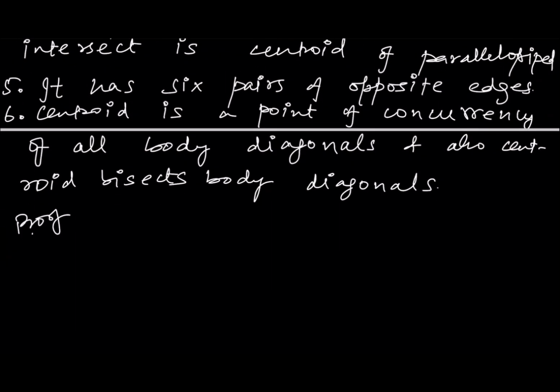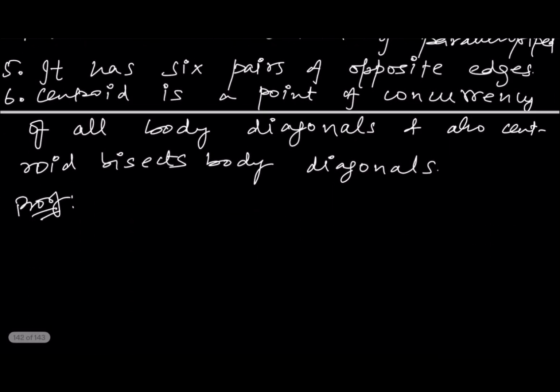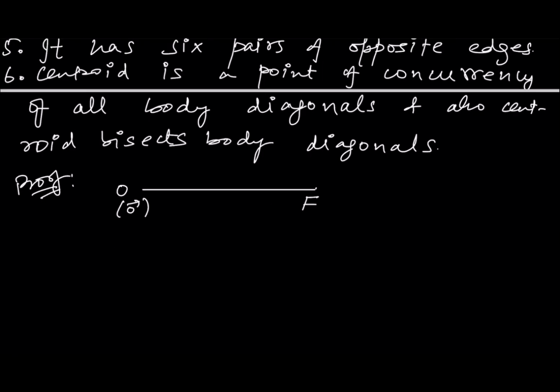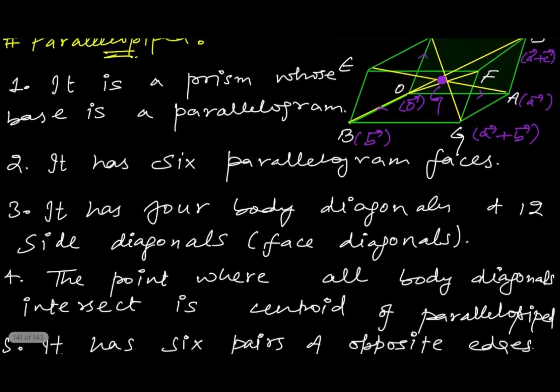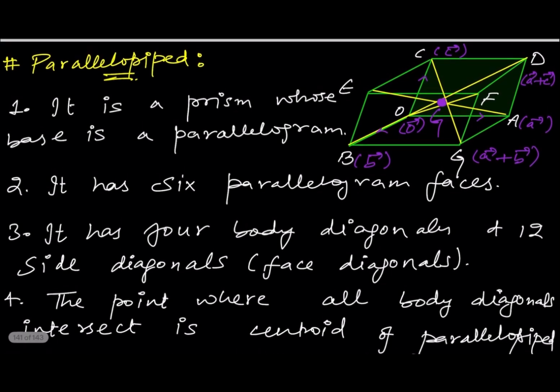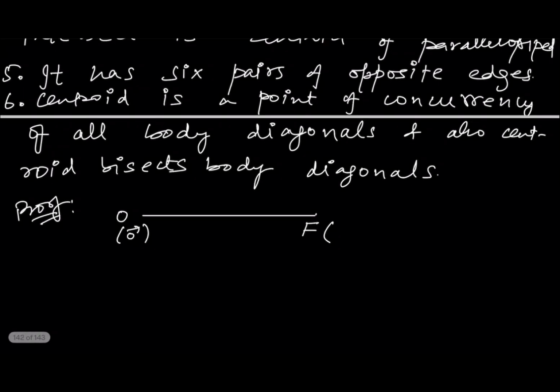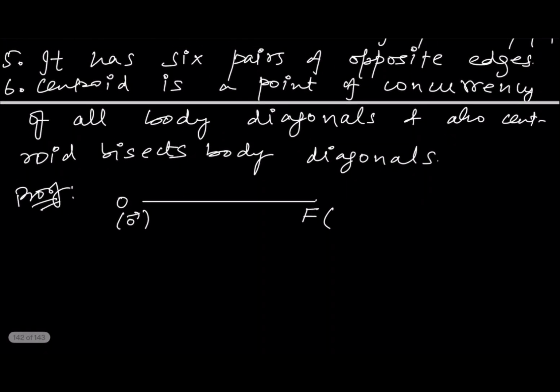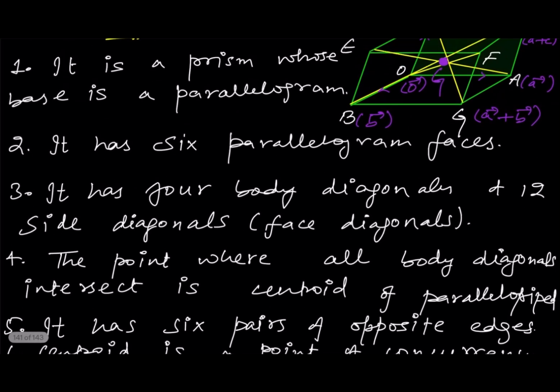Now proof: O has the null vector as its position vector, and OF is one body diagonal. So F is a vector plus b vector plus c vector, right?